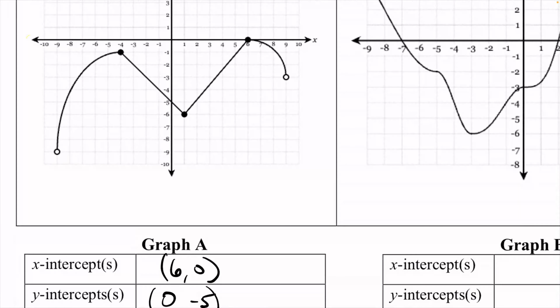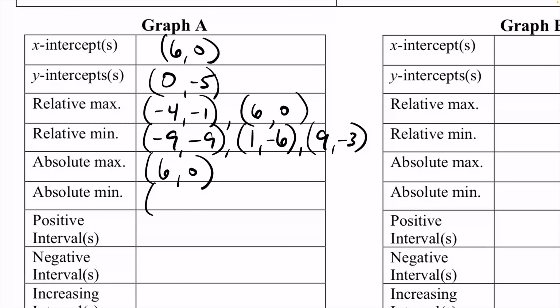Which point is the absolute bottom? -9, -9, right? Okay. We call those extrema. Anything with a maximum or minimum is called an extreme. Extreme means you're way on one side or way on the other, right? That's what we call extrema, okay?